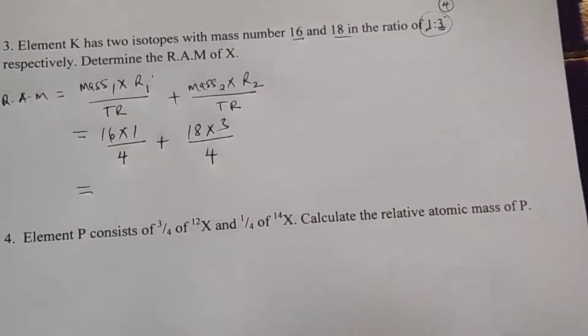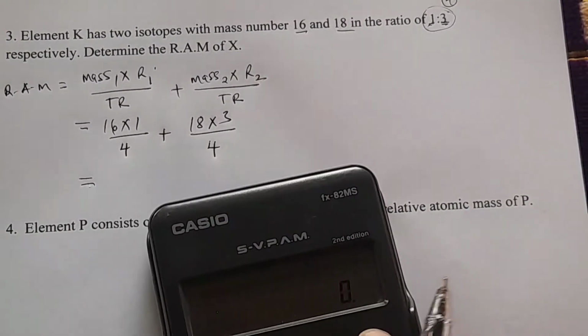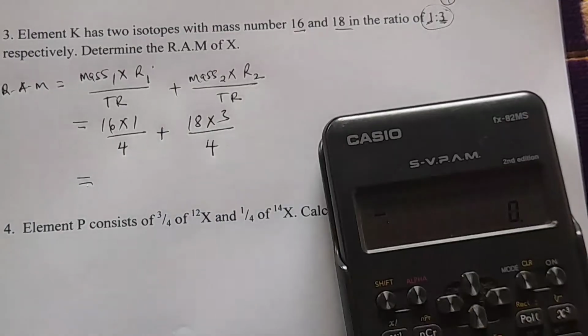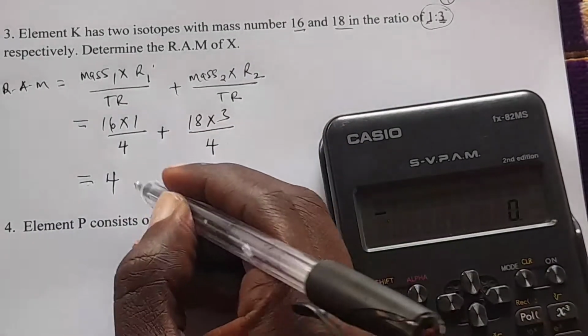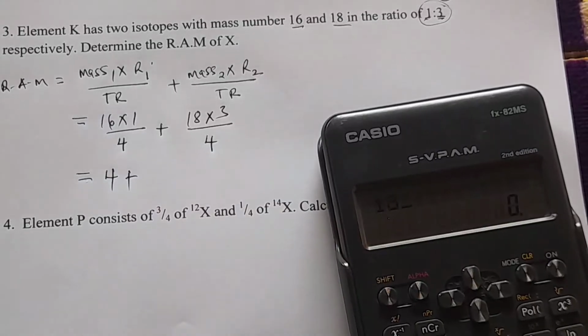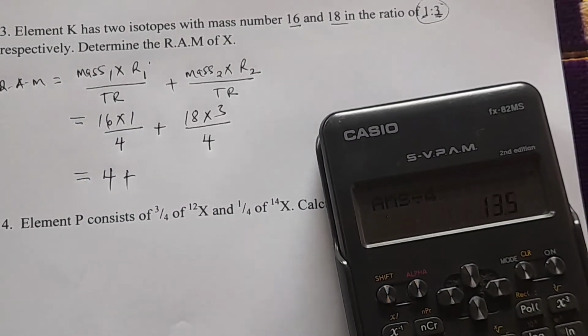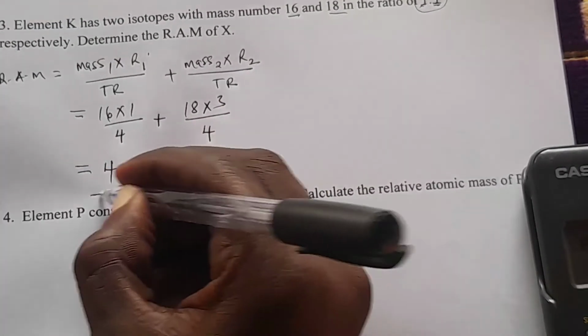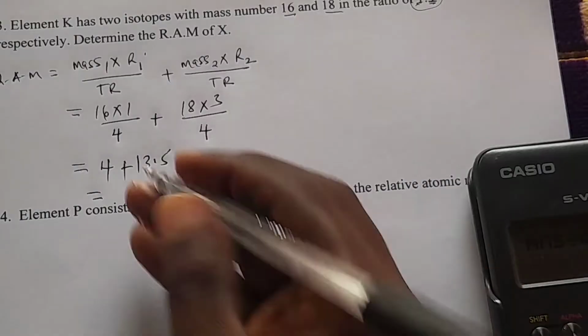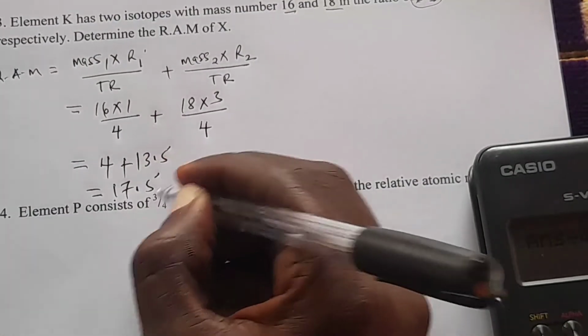So what are we going to get here? We're having 16 divided by 4, that's just 4. Plus 18 times 3 divided by 4, we are going to get 13.5. So if you add, you are going to get 17.5.